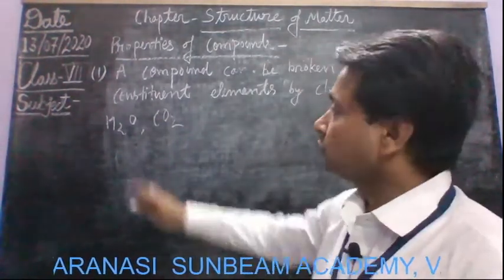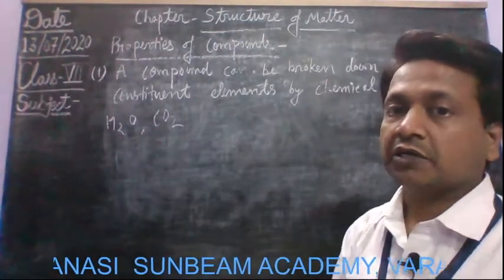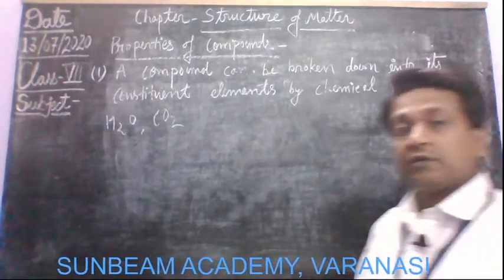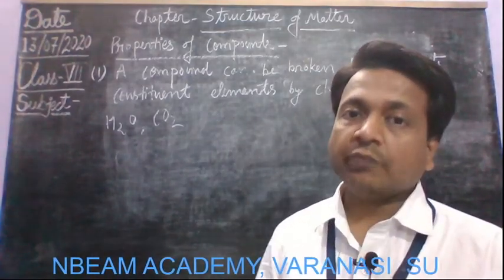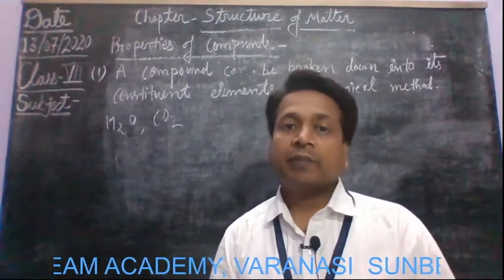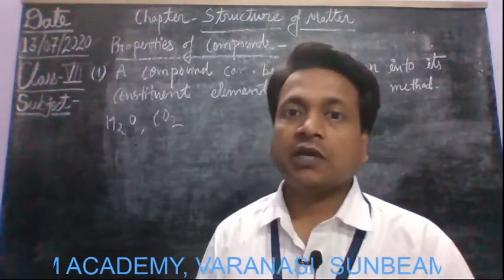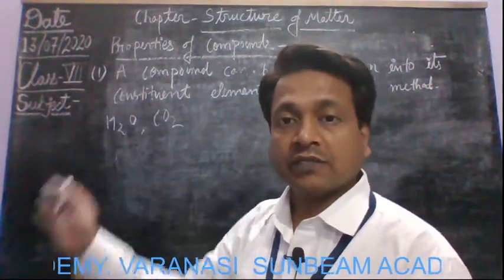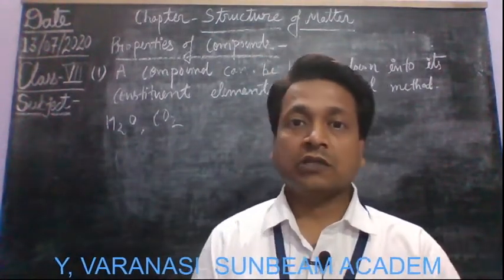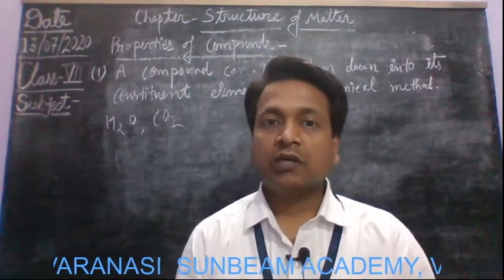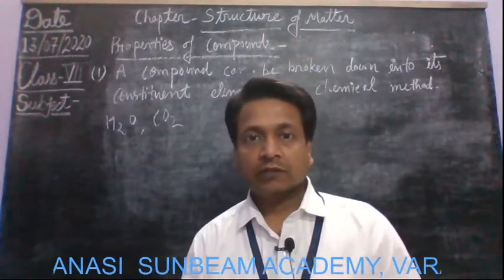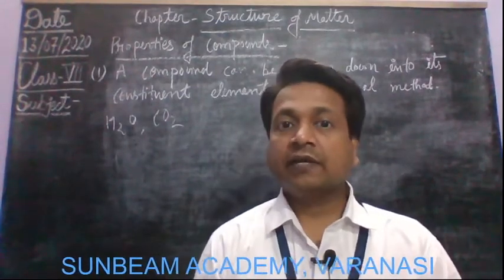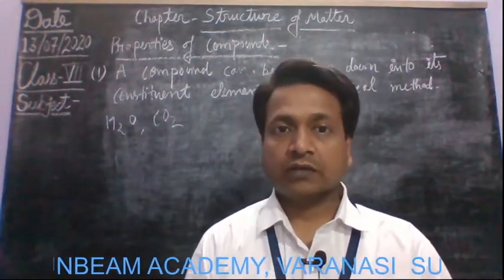These constituent elements are broken down chemically, meaning the breakdown can only take place by a chemical method, not by any physical method. Suppose from water we want to obtain hydrogen and oxygen separately; physically it is not possible to obtain these two elements separately. It needs a chemical method like the electrolysis of water.